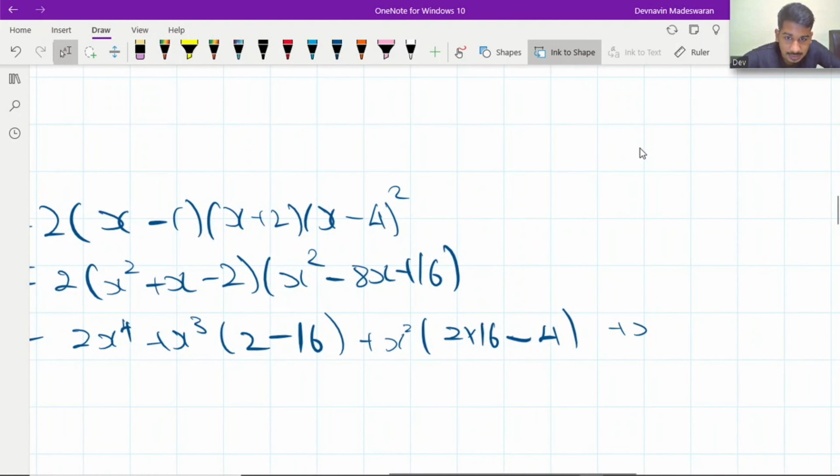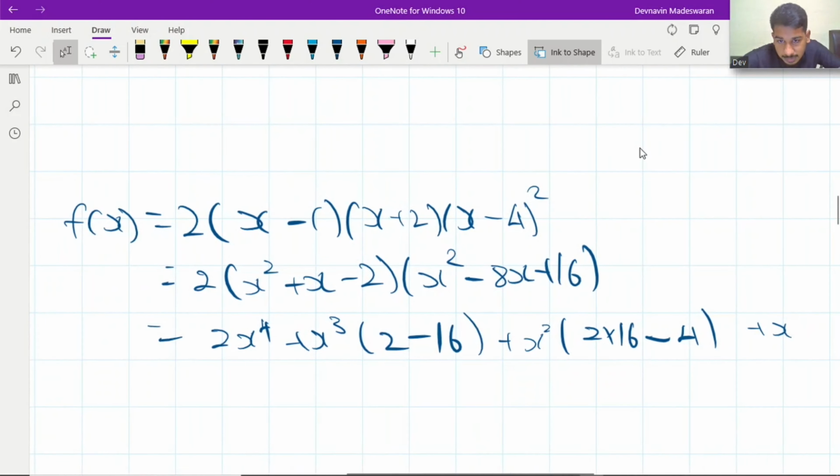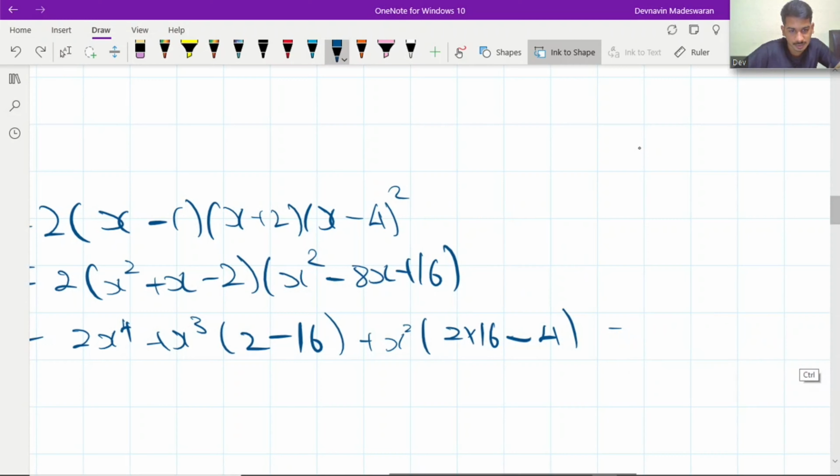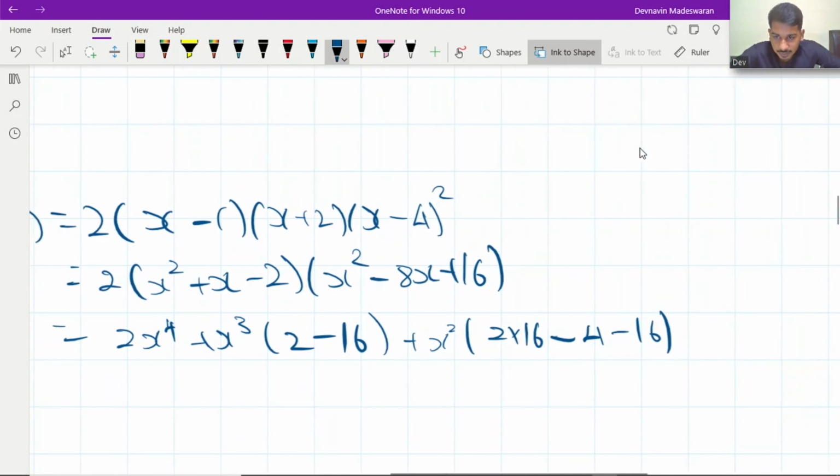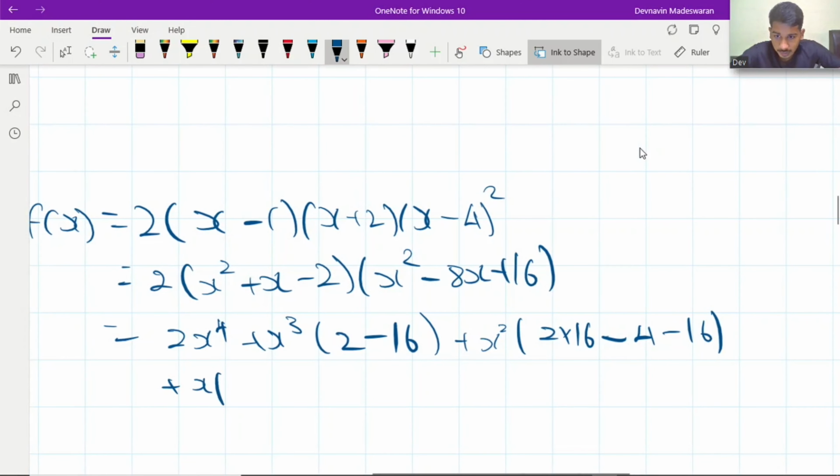Then for x's, we can do 2 times x times negative x. It's very untidy, I know, but it's much faster, I feel. So it's going to be 2 times negative 8, so negative 16. As for the x's, this is where it's going to get harder. It's going to be x times 16, then 8 times that.